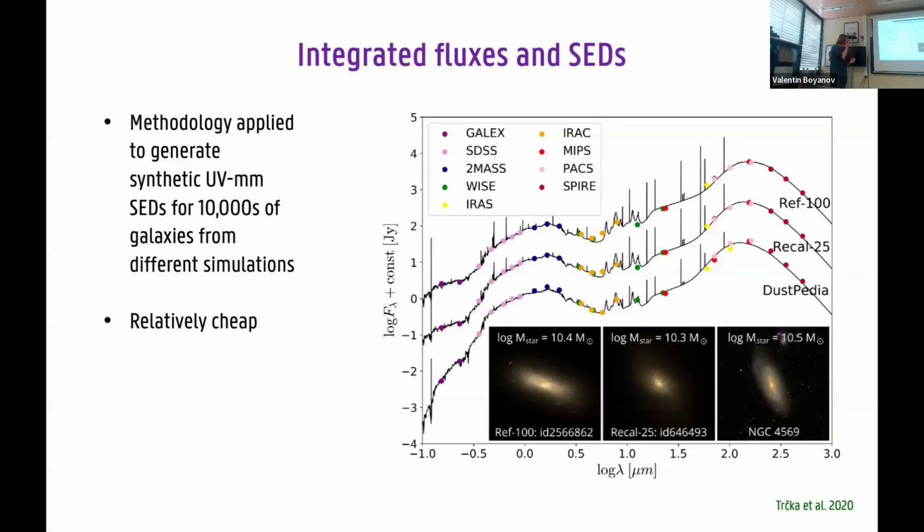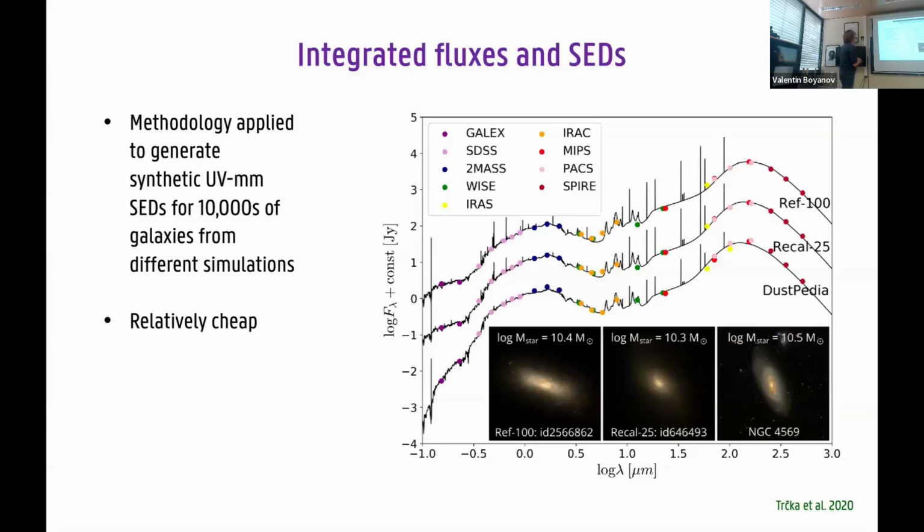And this has been done for really 10,000s of galaxies from cosmological simulations. So we applied it to EAGLE, to TNG, to Auriga, and so on. This is relatively cheap. You run that on a decent computer, and within half an hour you can have such an SED. So if you have a big computer, you can do it for tens of thousands of galaxies if you have them.